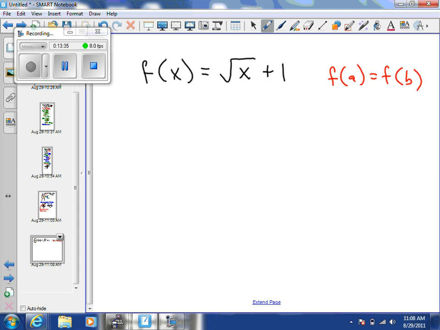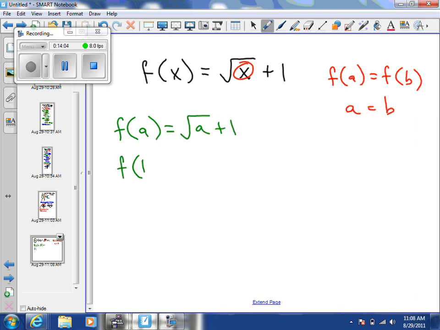Now remember, if it's one-to-one, that means that if the function values are equal at two different points, a and b have to be the same value. So if it's possible for me to get the same value with two different x values, then this would not be one-to-one.